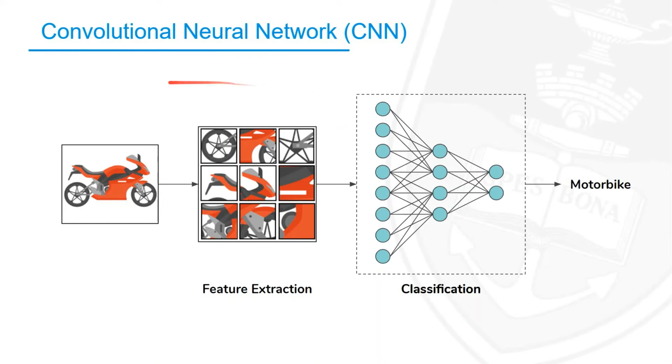What this means is that instead of receiving a motorbike on the classification layer, you receive a wheel, a fairing, a spoke, a component of the entire image, which allows the classifier to then calculate whether an image is there based on its components and not based on the entire object.